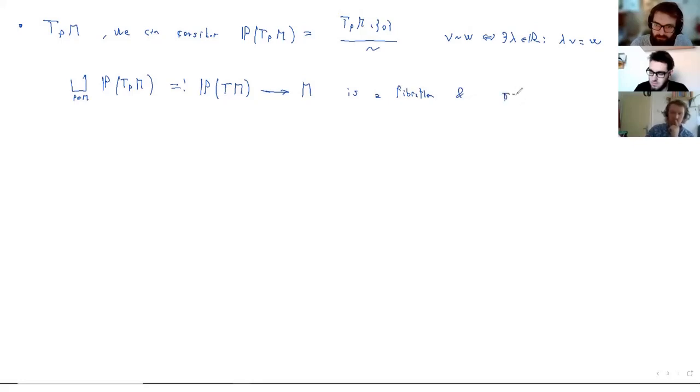And the preimage of a point is isomorphic to some real projective space. Correct. So this is our first example, this is the projectivization of R to the dimension m minus 1. So this is our first example of a fibration where the fiber is not simply a vector space, but it's something a bit more interesting. In this case, a topological space, the projective space.